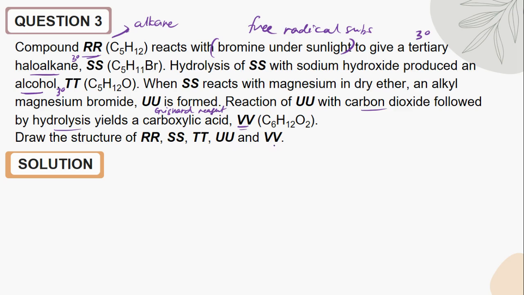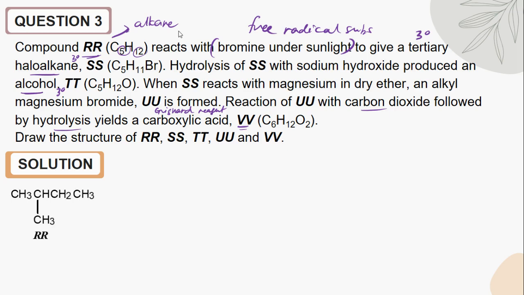So what we can do is produce our RR first, because RR is an alkane that is able to give a tertiary haloalkane. In terms of C5H12, there is not much option for alkane RR to form tertiary haloalkane.